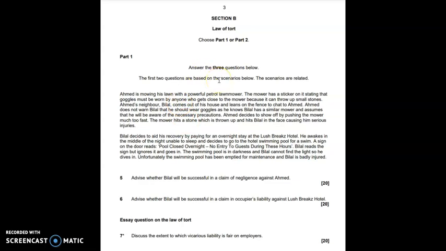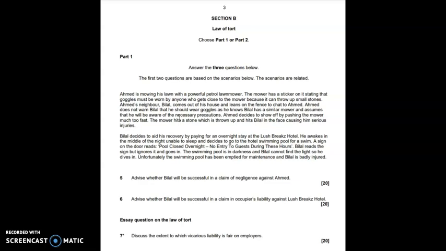There is proximity between your characters in the physical sense, and in terms of Ahmed's awareness of the potential risk, it's going to be fair, just and reasonable to impose a duty because he's not a public body acting in an emergency. You could say that he's breached it by falling below the standard of the reasonable gardener, and this is evidenced by the fact that he's actually showing off and doing something which he shouldn't be doing, going too fast.